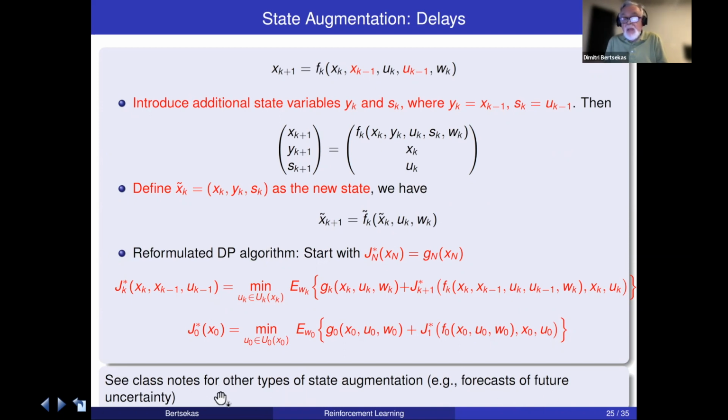Like at the present time, when you apply the present control, you get a forecast that the weather 2 days from now is going to be so-and-so, okay? And that may affect your decision. Then the forecast has to be included as part of the augmented state. There are other examples like that, and I'll let you read the notes and the literature.